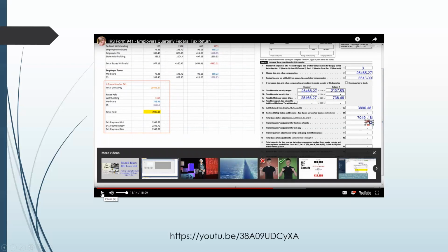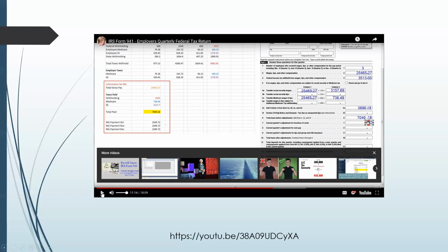I just want to stop for one quick second and insert in here. The fraction of cents is usually very small. It's usually less than 10 cents if you've got an adjustment to make in there. So if you're filling out your return and you get to this point and there's a big difference between what your deposits are and what the amount is on your return, then you've done something wrong in the return.